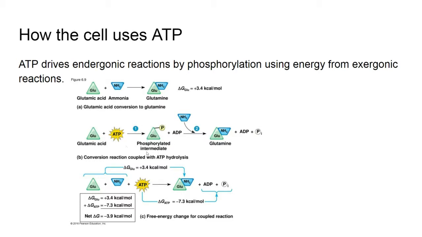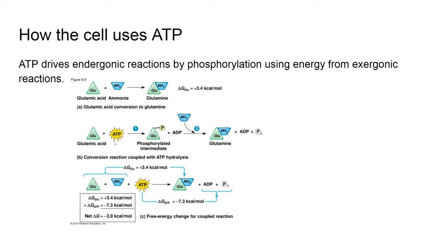making a phosphorylated intermediate, and then we will have ammonia go in and make glutamine, which will then have ADP and the phosphate as the end product from ATP.